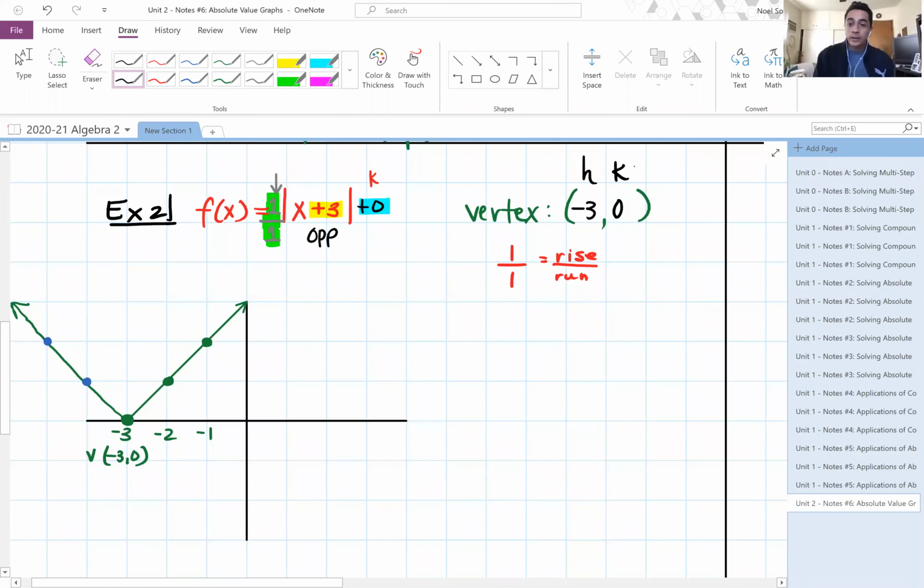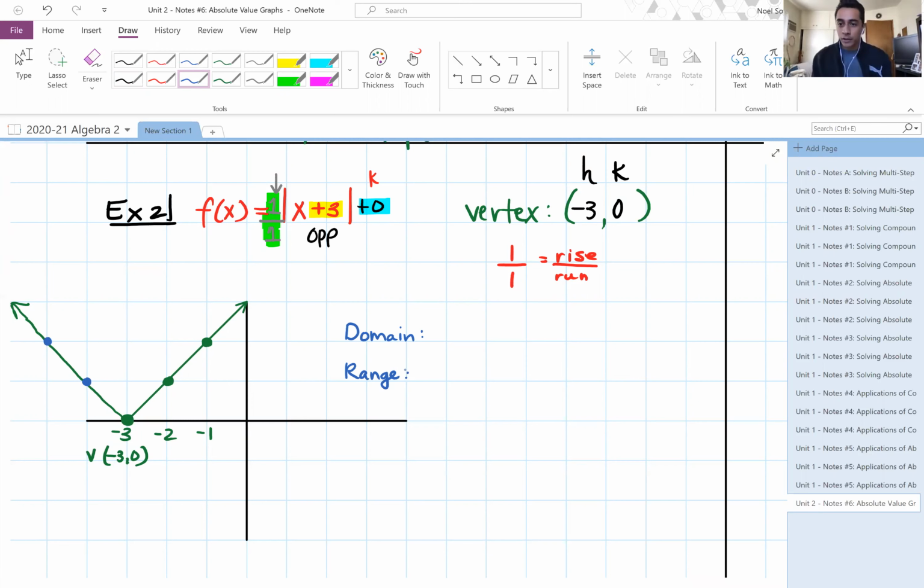Okay, so now what are the other important characteristics for us to identify? What else must we do? Domain, yep, and range. Good. All right, domain is the easy one, right? How far left? How far right?